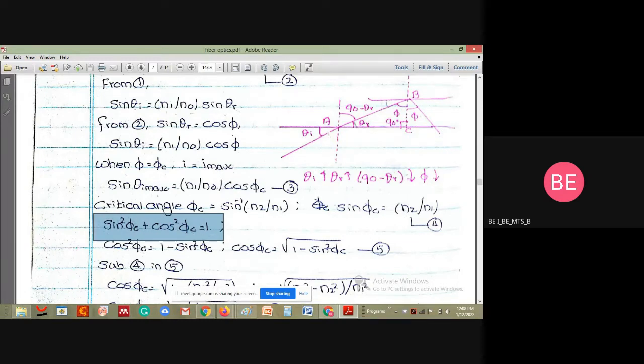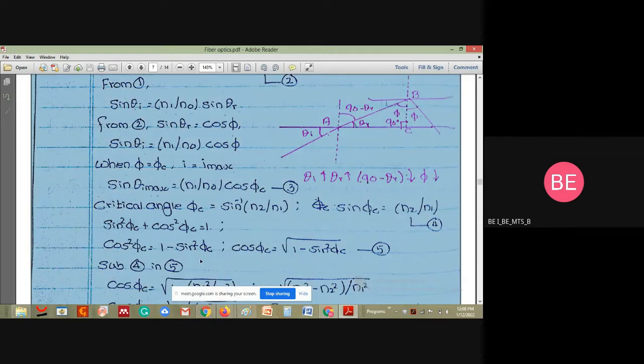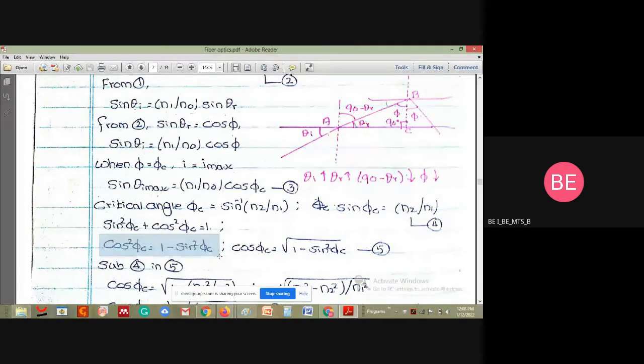So cos square phi c will be equal to 1 minus sine square phi c, right? Or if you want the value of cos phi c alone, you can take the root: cos phi c is equal to root of 1 minus sine square phi c.